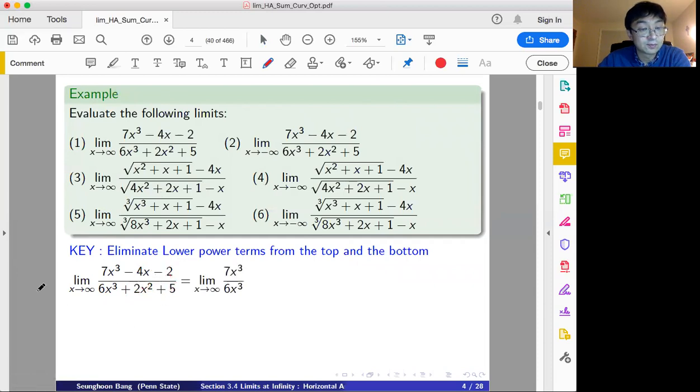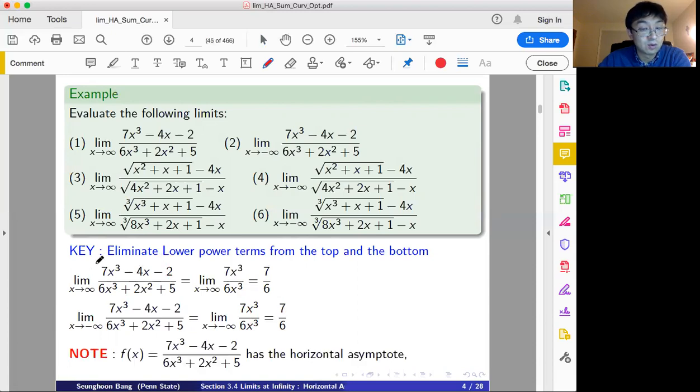Next, cross out x cubed, the answer is 7 over 6. Now the limit of the same function as x approaches minus infinity. Same idea, you have to ignore lower terms. Next, cross out x cubed, 7 over 6.